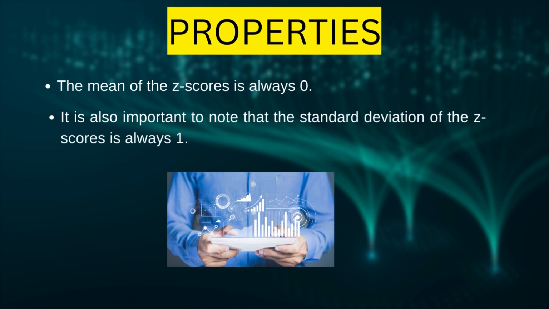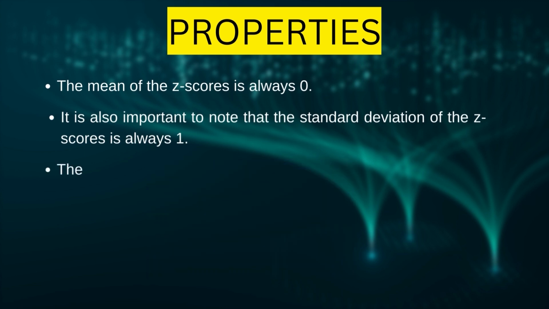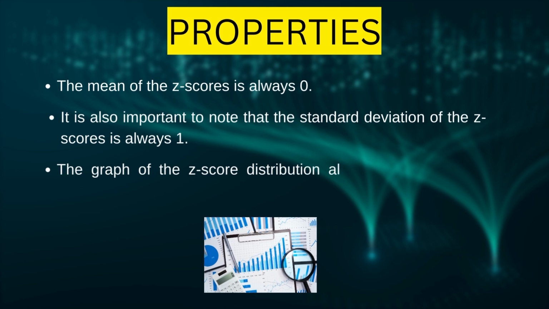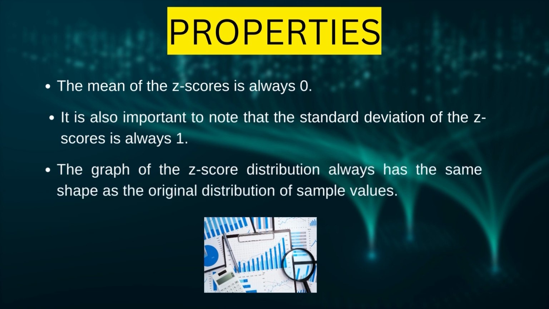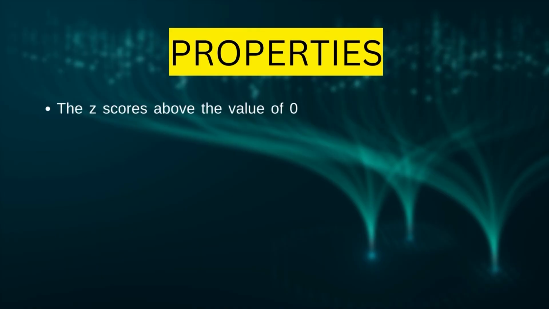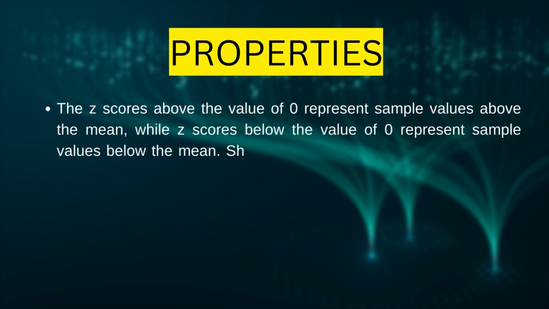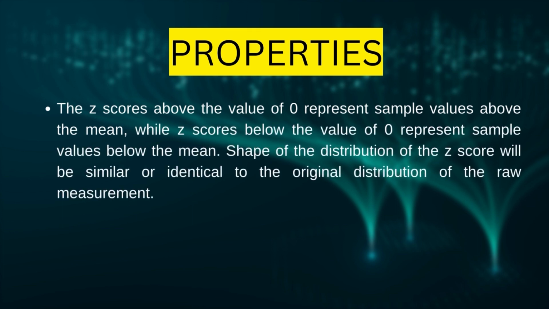The graph of the z-score distribution always has the same shape as the original distribution of sample values. Next property is that the z-scores above the value of 0 represent sample values above the mean, while z-scores below the value of 0 represent sample values below the mean.